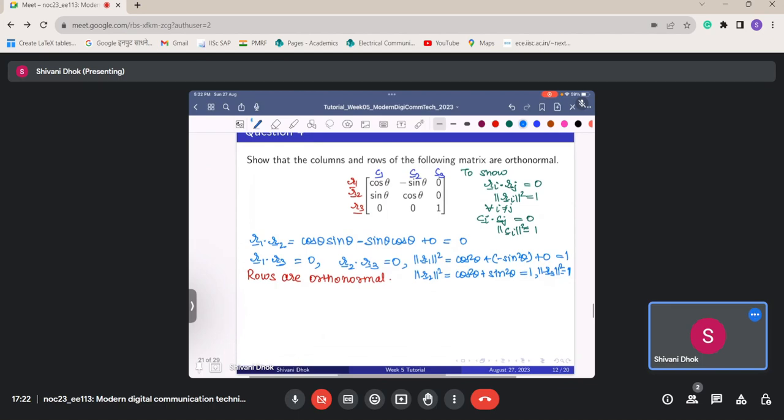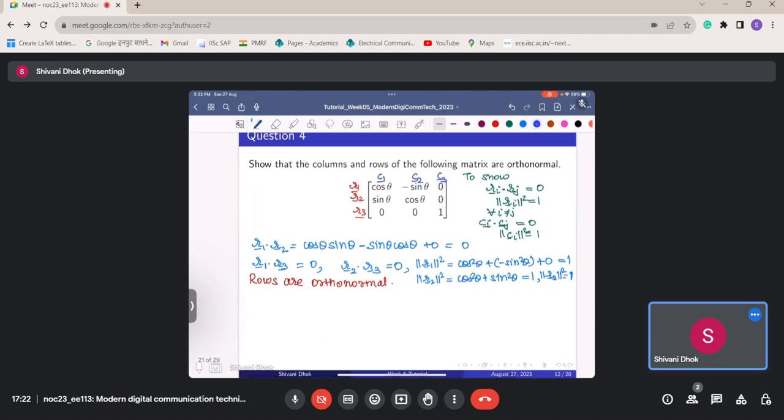Now let us look at the columns. Let us see C1 dot C2. I need to do element by element multiplication of C1 and C2 and add them. That is, cos theta into minus sine theta, plus sine theta into cos theta, plus 0 into 0, that is 0.